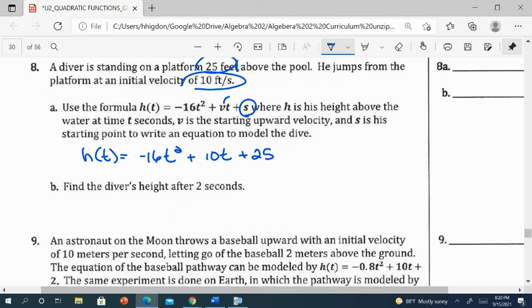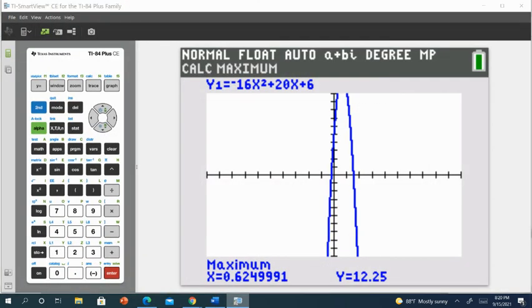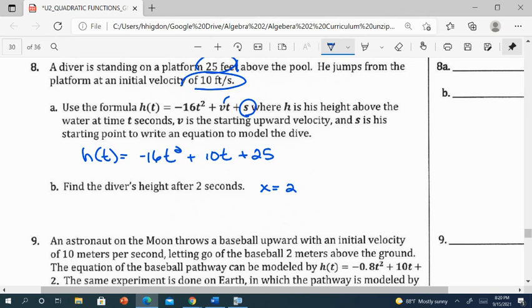Part B says find the diver's height after 2 seconds. So again, 2 seconds, that's my time, that's my x. X equals 2. Here again, x equals 2 or t equals 2. You could very easily just plug in the 2.